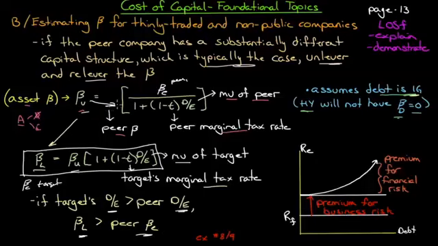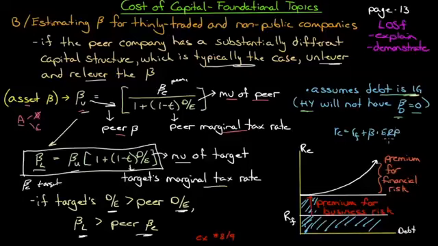A good way to see this visually is here. If we think about a company's required return on equity, there's going to be a component for the risk-free rate. There's going to be a component premium for business risk. And then as we add debt, notice that we have an increasing premium for financial risk. Well, the cost of equity using CAPM is the risk-free rate plus beta times the equity risk premium.